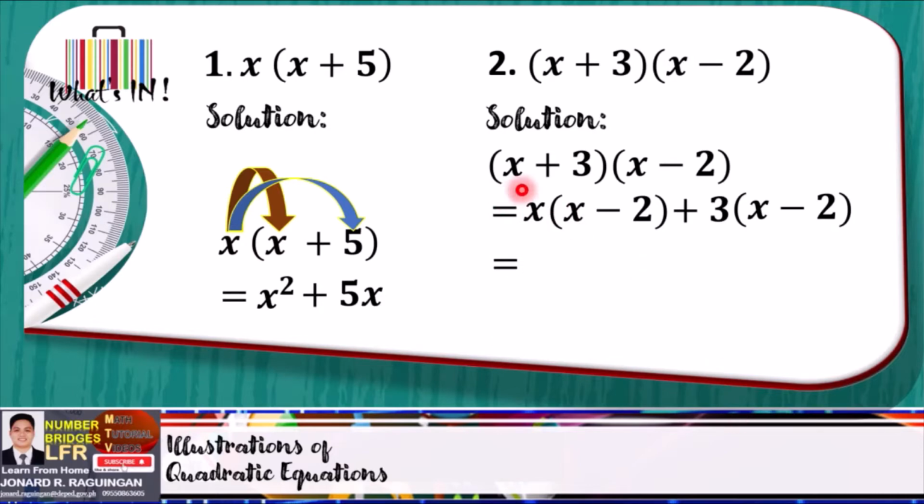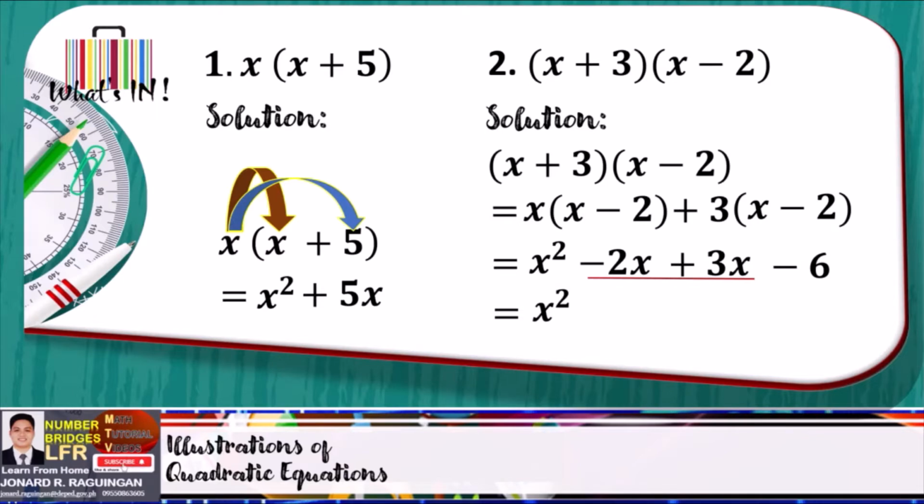That is, x times x is x squared. x times negative 2 is negative 2x. Then 3 times x is positive 3x. 3 times negative 2 is negative 6. Then combine similar terms.